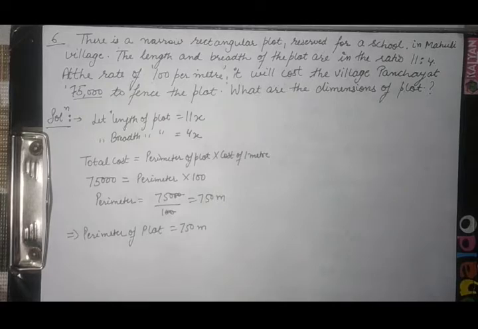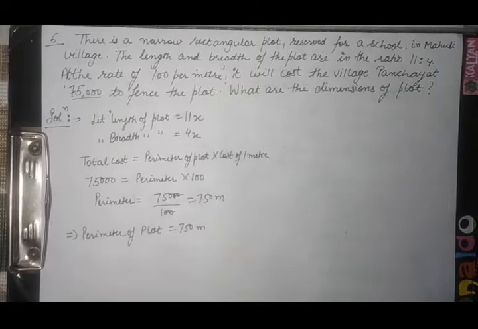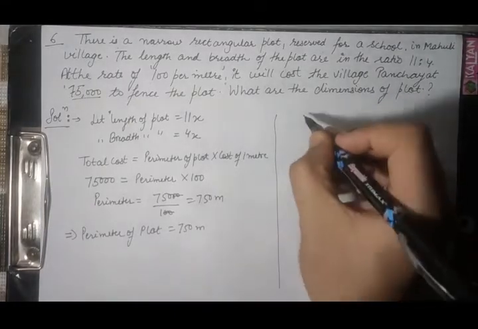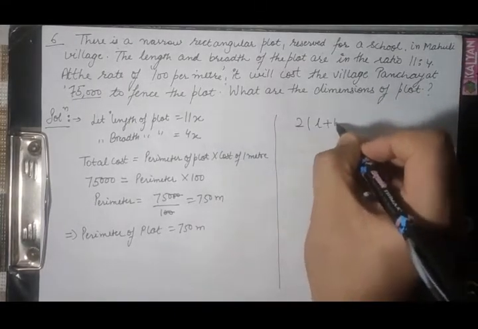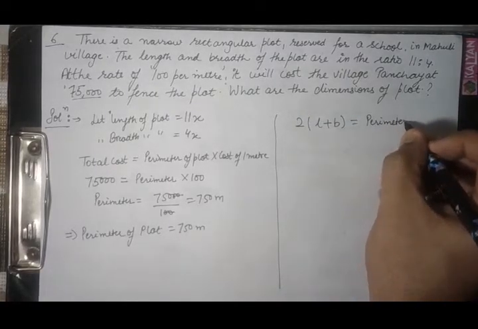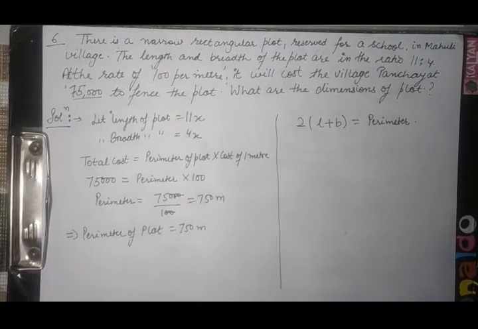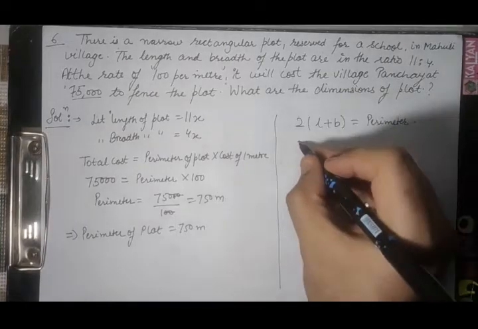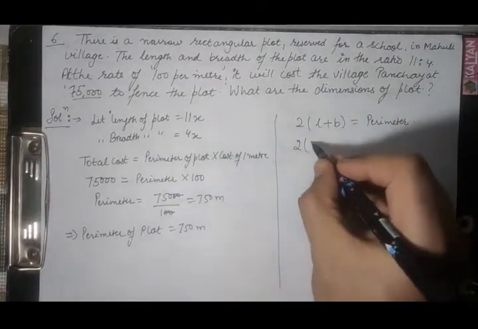So what is the question? What are the dimensions of the plot? So we have to find the length and breadth of this plot. We know the perimeter. So what is the formula of perimeter? 2 into L plus B equal to perimeter. So we will put the value of length, breadth and perimeter here. That will be equal to 2 into, what is the length here? 11x.